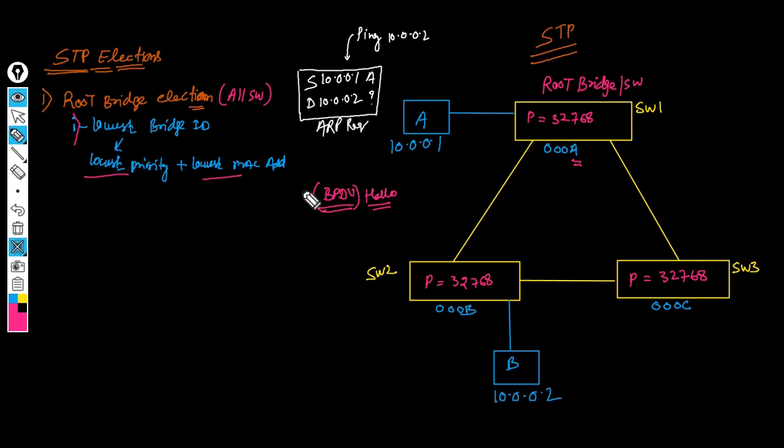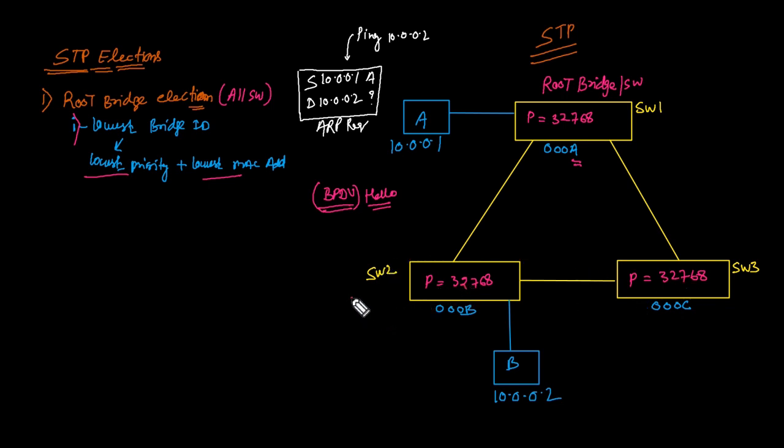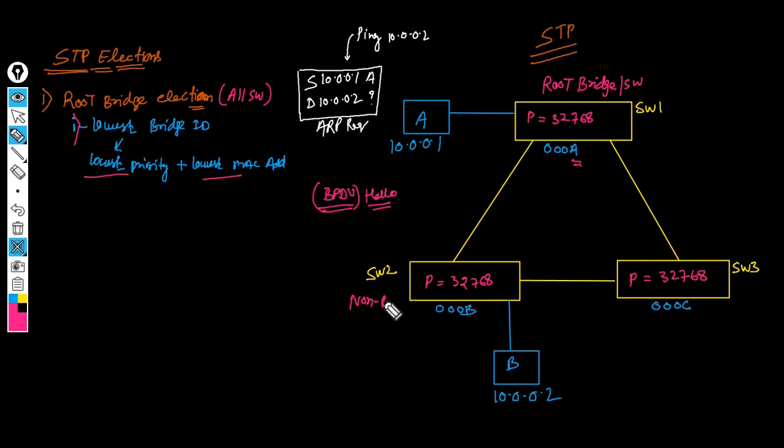Initially every switch advertises itself as the root in its BPDUs, and the election takes place. So the root bridge is selected here, and the rest, switch 2 and switch 3, are considered non-root bridges.